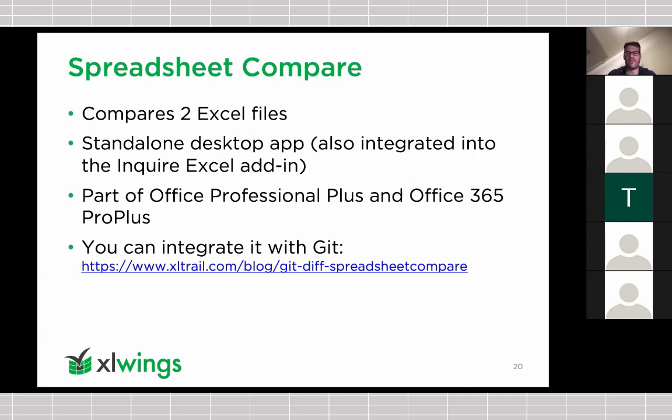If you have multiple versions of your Excel files, then it's a good idea to use that tool to see what has been changed in between versions. Again, you can hook the Spreadsheet Compare program up with your Git installation, and another blog post here describes how you can do it.